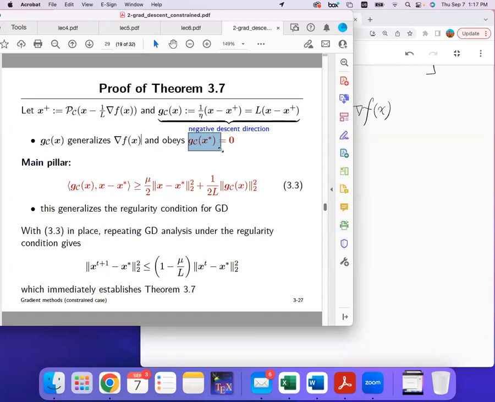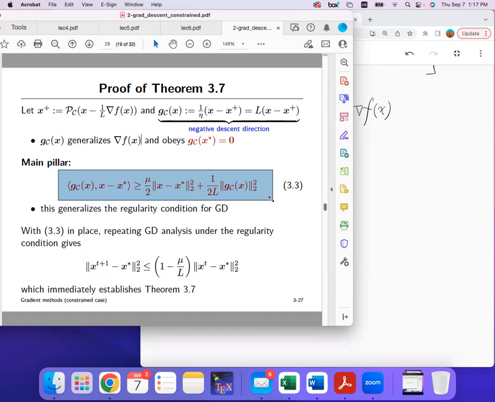This is a very interesting concept. Once you introduce this definition, you can understand this constrained problem similarly to an unconstrained problem. The main result is to show that for any point x and for any minimizer x star of this constrained problem, the following inequality holds.